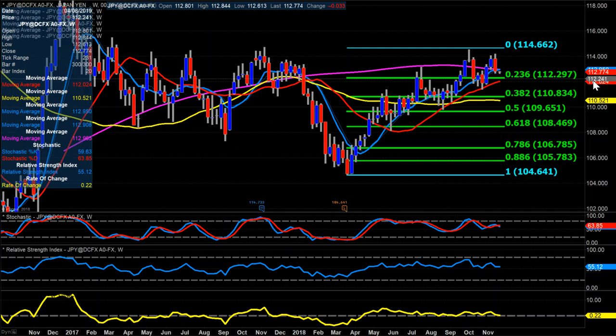Now, if you look at the 9 period moving average, that's coming in at 112.95. So we've got quite a bit of resistance up there, and I don't think it's going to be able to break it easily.